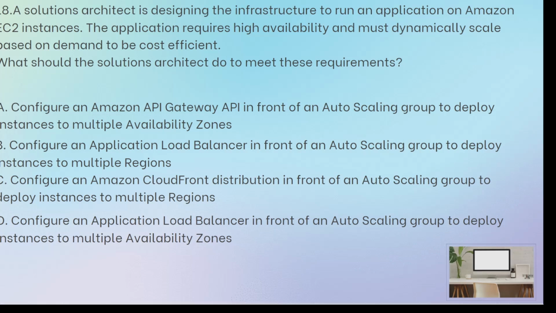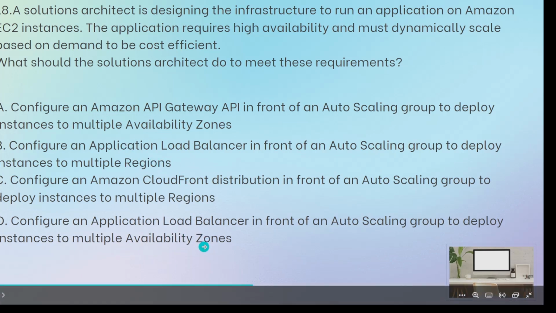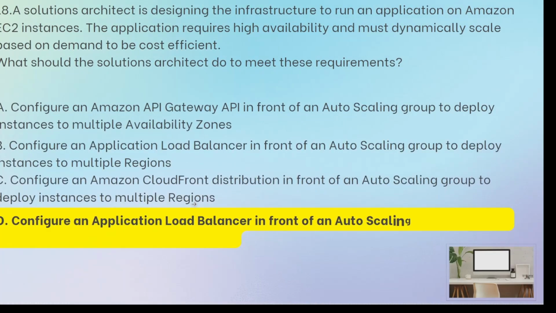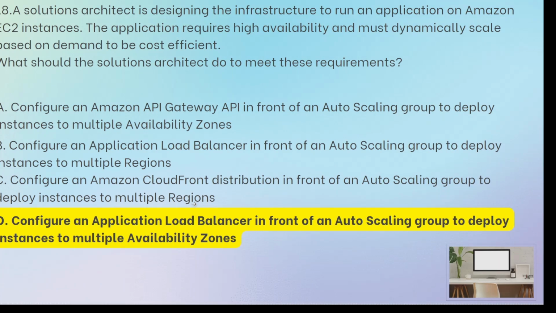And for the Application Load Balancer option, I told you we don't need multiple regions, we need multiple AZs. CloudFront distribution, why not that? Because you cannot launch instances in multiple regions from a single auto scaling group. So the answer is an Application Load Balancer in front of an auto scaling group to deploy instances to multiple AZs.